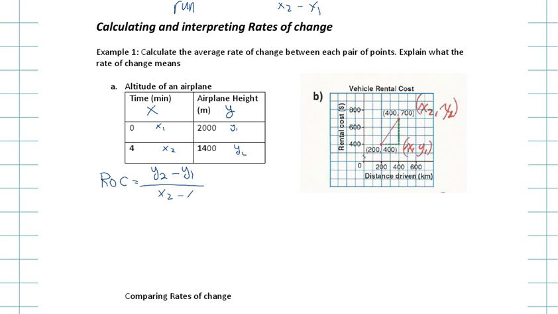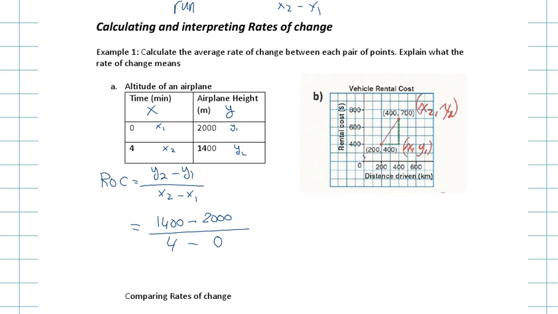So it's as simple as y2 is 1400, so you write 1400, minus y1 is 2000, divide by x2 is 4, minus x1 is 0. Okay? So, first thing is I indicated what these points x and y are, and then I put them into the formula.